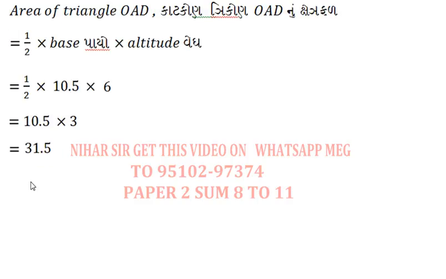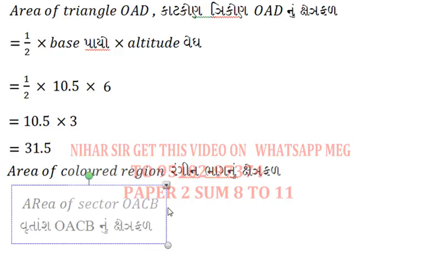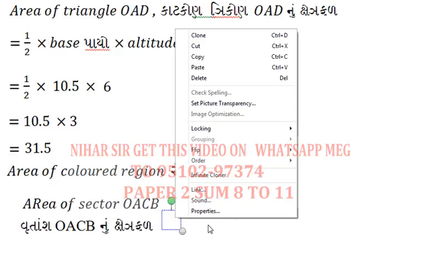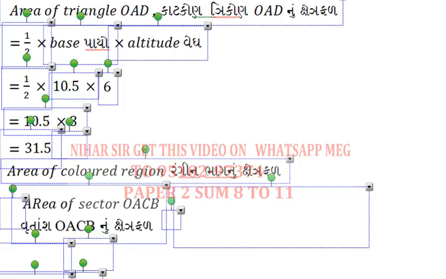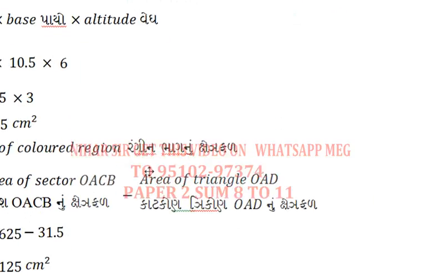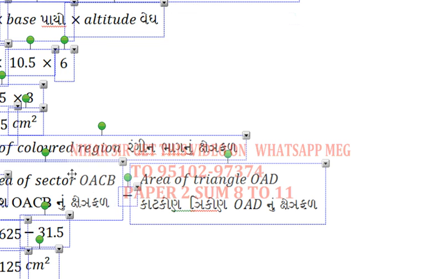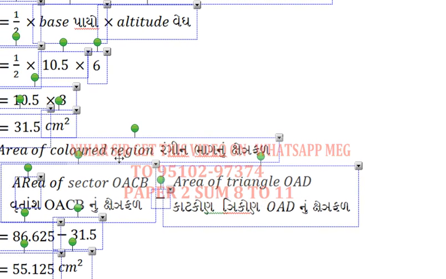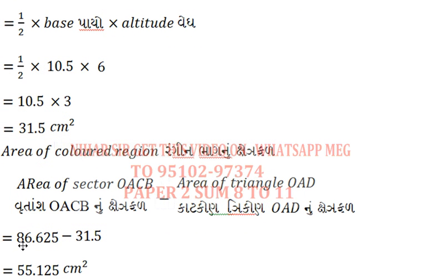Now I will subtract this triangle. There is some problem with the software. So now I think you can see this. Okay, so it's 86.625 minus 31.5, so my answer is 51.125 centimeter square.